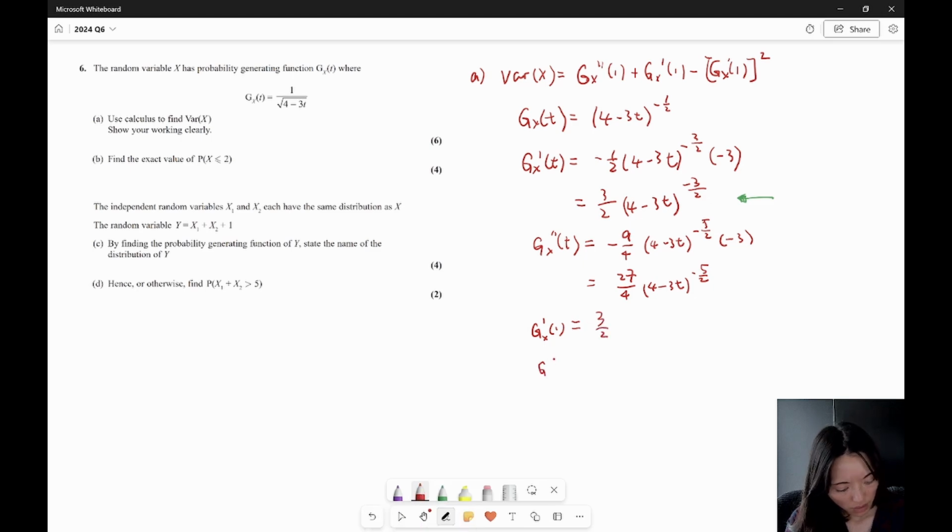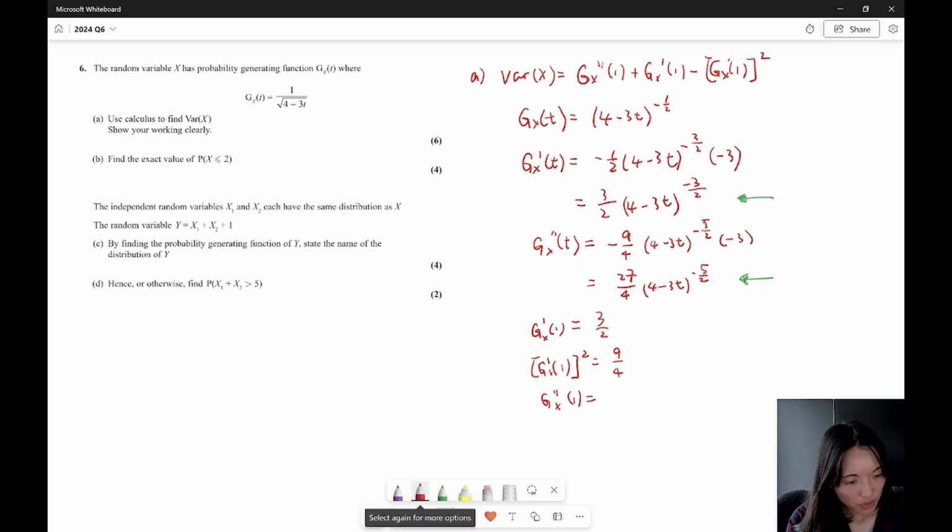And then the square of that is 9 over 4. And then g double prime of 1, again looking at this expression here, substituting t equals 1, we get 27 over 4.